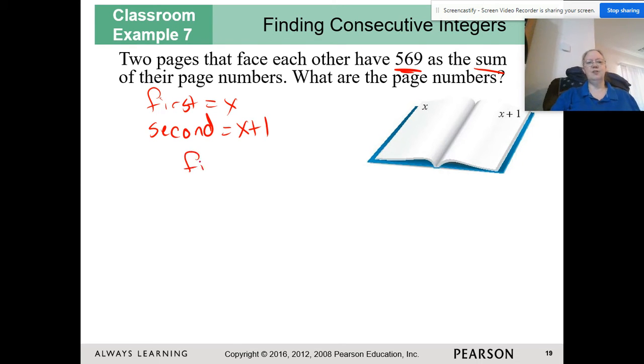So I have my first page and my second page. I spelled that wrong. Sum means add, is going to be 569. First one, we called it x. And a second one, we called x plus 1. I'm going to refresh your memory on this.